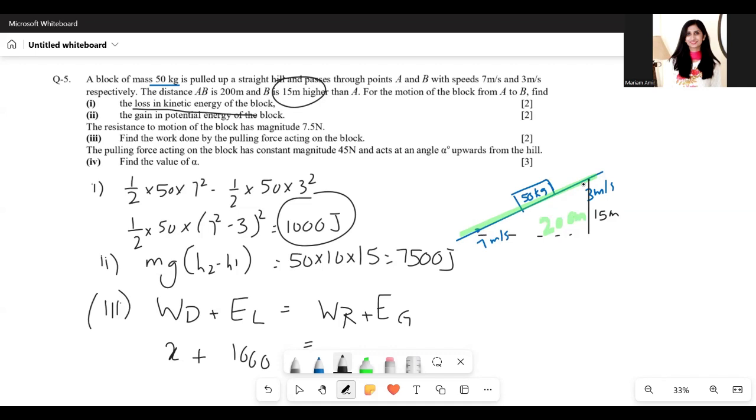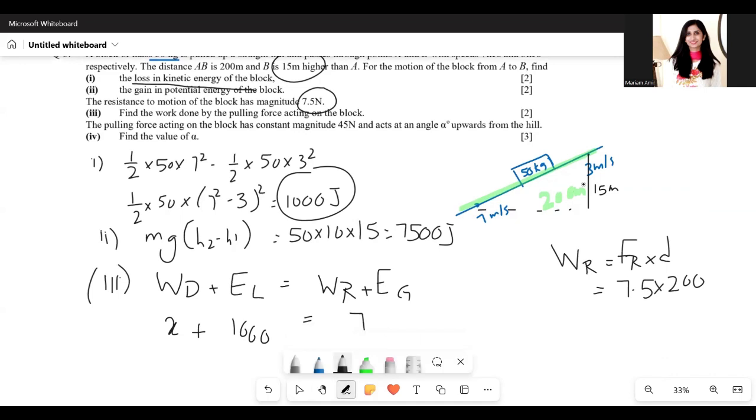So do we have the value of the resisting force? The resisting force is actually 7.5. So work done by resisting force would be the force of resistance times the distance it travels. The force of resistance is 7.5, and the distance it travels is 200 meters up the slope.